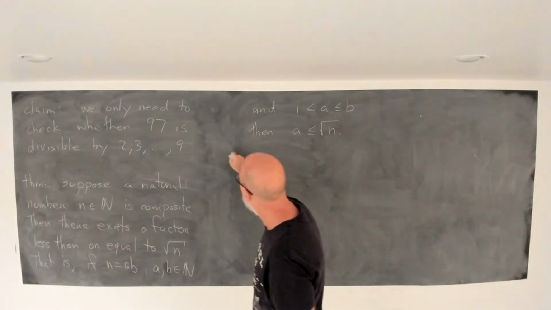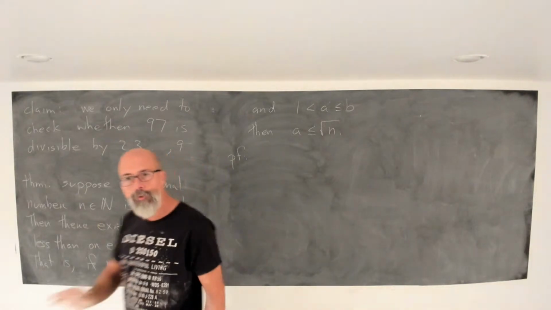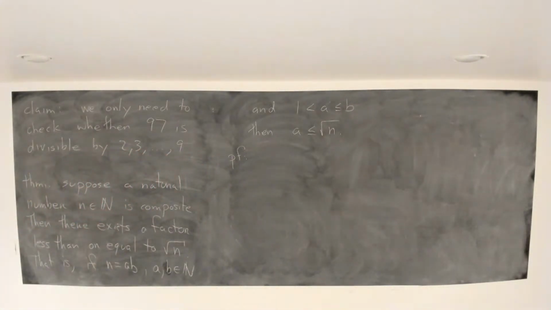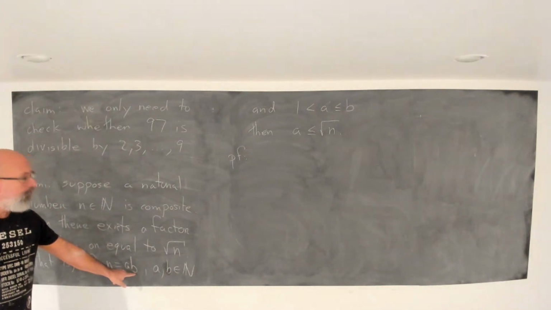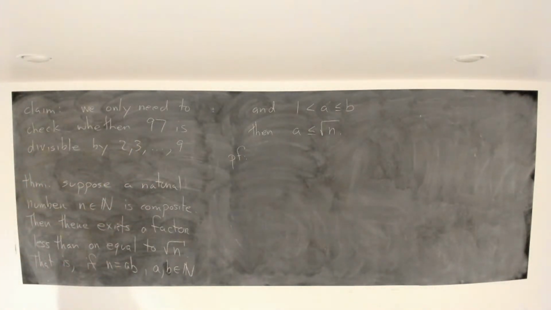And let's prove that, because the proof is trivial. It's a one-line proof. If you have two factors, one of them has to be less than or equal to root n.